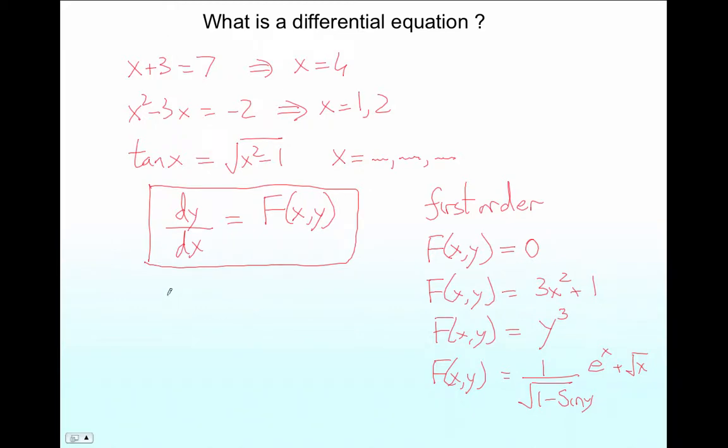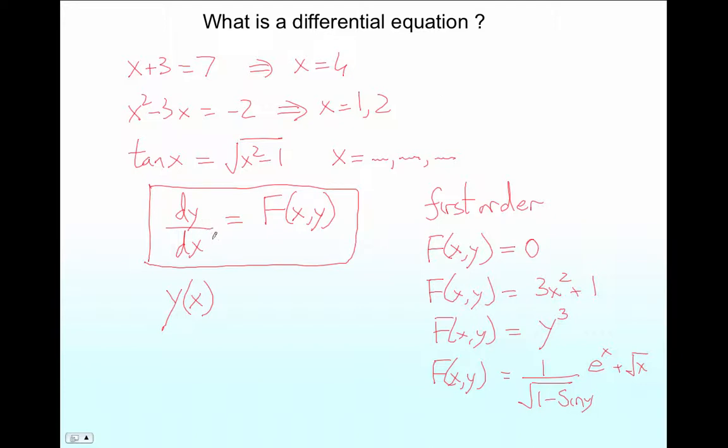But what is it that we have to solve for? What we want is y. This is our unknown, and it is a function of x. So, this is an equation which says differentiate y with respect to x and get back this given function f of x, y. It is not your job to find out what f of x, y is.